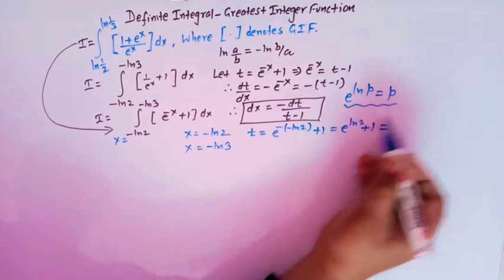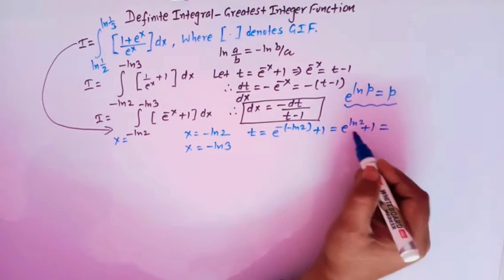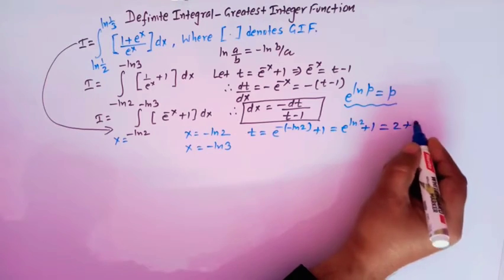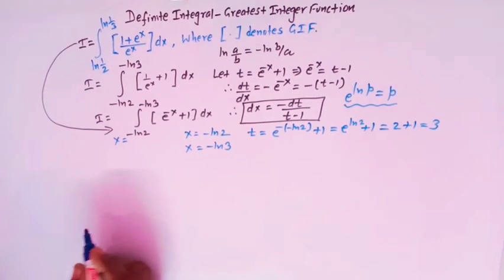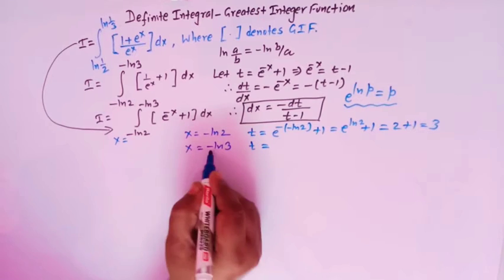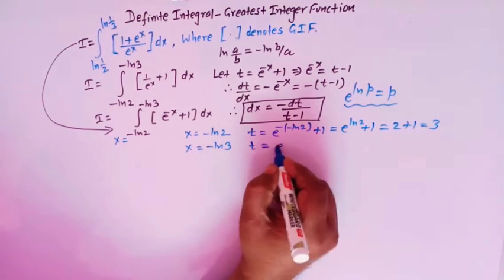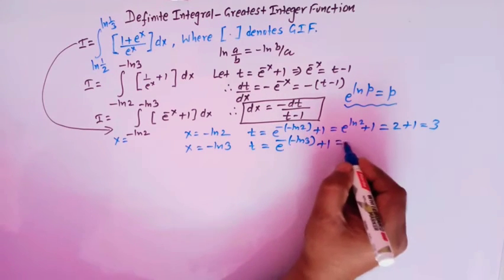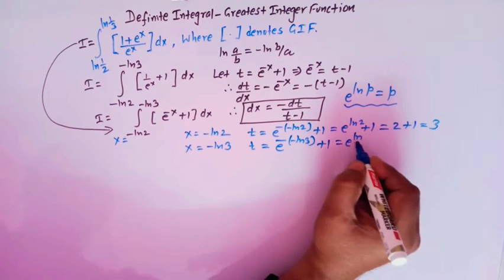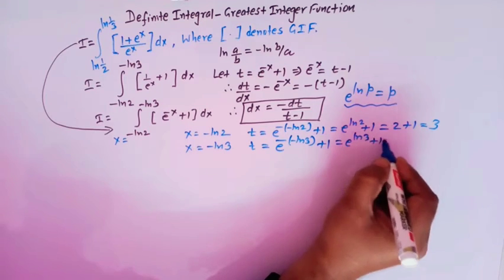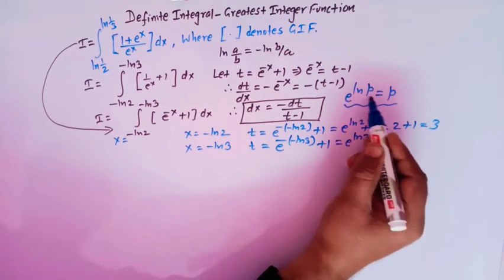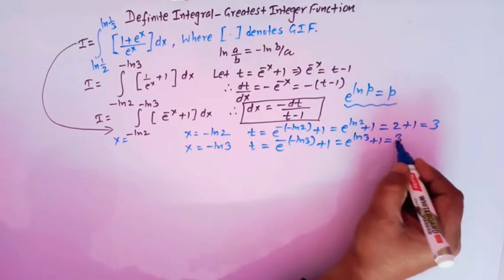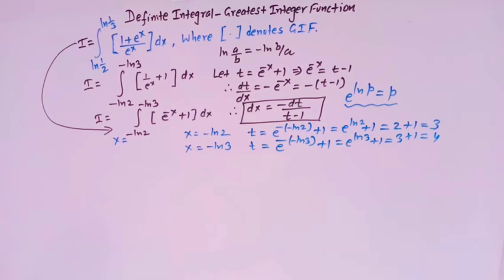This is an important relation. So e raised to log 2 is simply 2, and we have 2 plus 1 equal to 3. And when x is minus log 3, we have e raised to log 3 plus 1, and again applying this rule with p equal to 3, we have 3 plus 1, that is 4.